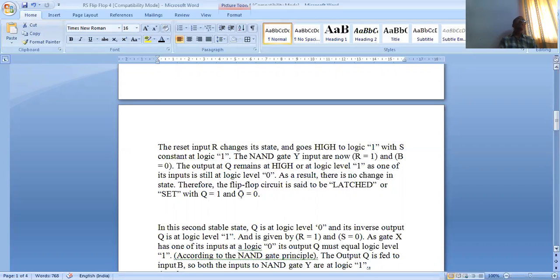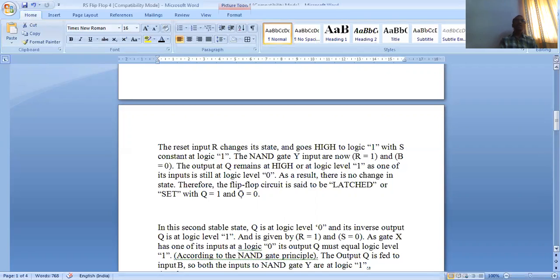The only difference in the construction of RS flip-flop using NOR gate is that in the place of NAND gate, we replace it with NOR gate. That is the only difference.